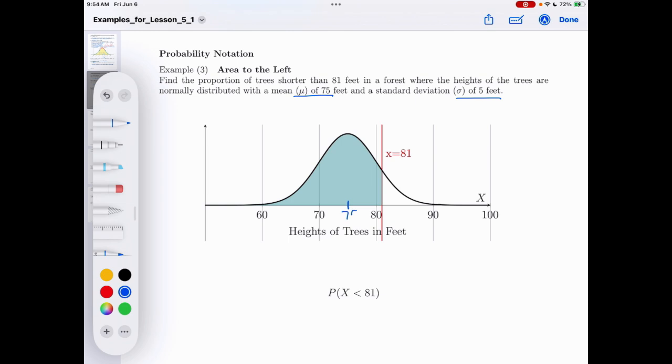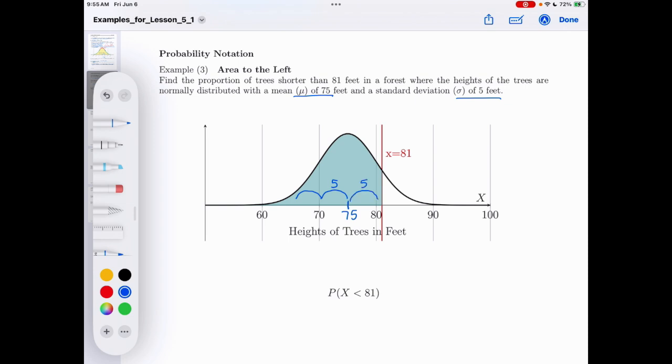So our mean is in the center, which is 75. Our mean is always in the center with the normal distribution. And it says our standard deviation is 5. So that means each time I count one standard deviation I come out, it's going to be worth 5 feet.